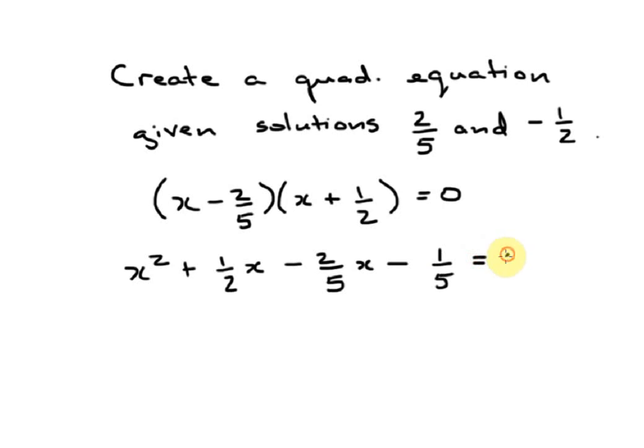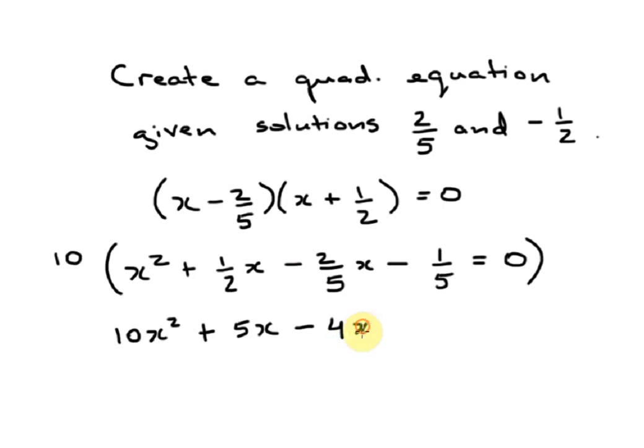And that equals 0. So now let's get rid of the fractions and clean the mess up a little bit. So I'm going to multiply everything by a number divisible by 2 and 5. Well, that number is 10. So if we multiply everything by 10, we're going to have 10x squared plus 10 times 1/2 is 5x. 10 times negative 2/5 is going to be negative 20 over 5, or 4 x's.